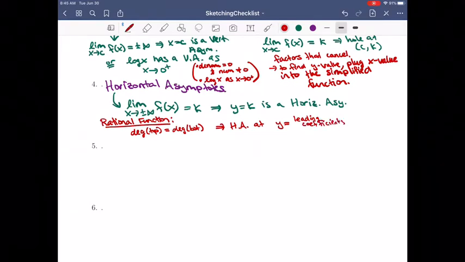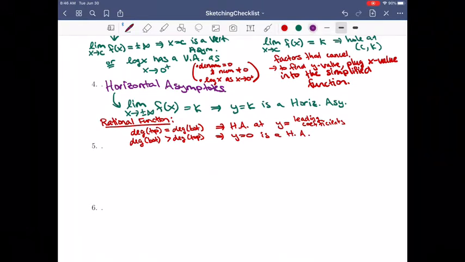Okay, so that's the coefficient of the one on the top divided by the coefficient of the one on the bottom. And if the degree of the bottom is bigger than the degree of the top, then y equals 0 is a horizontal asymptote. And if the degree of the top is bigger, then you don't have a horizontal asymptote.